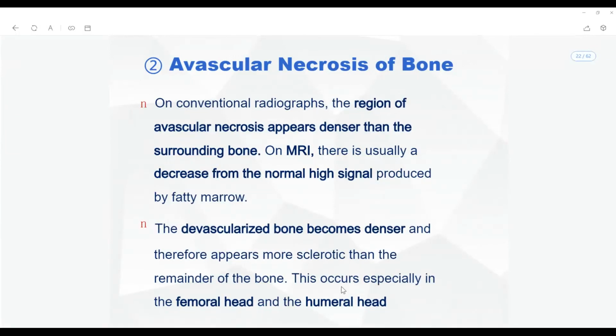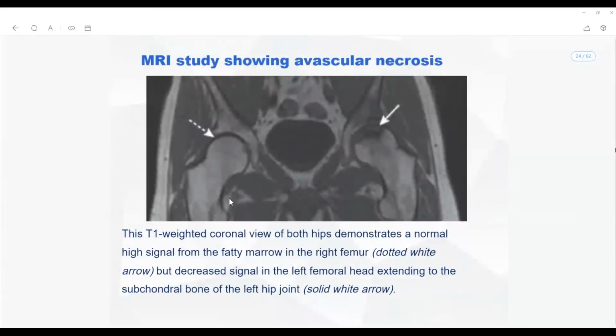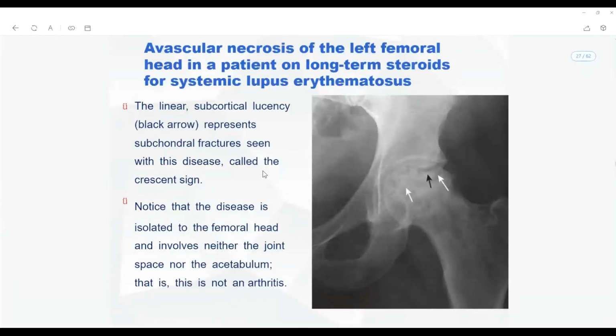Okay, you see, just let me try to find it. You see here, this is the necrotic region, the black arrow. Increased sclerosis is there, and the black arrow is showing the subcortical lucency.